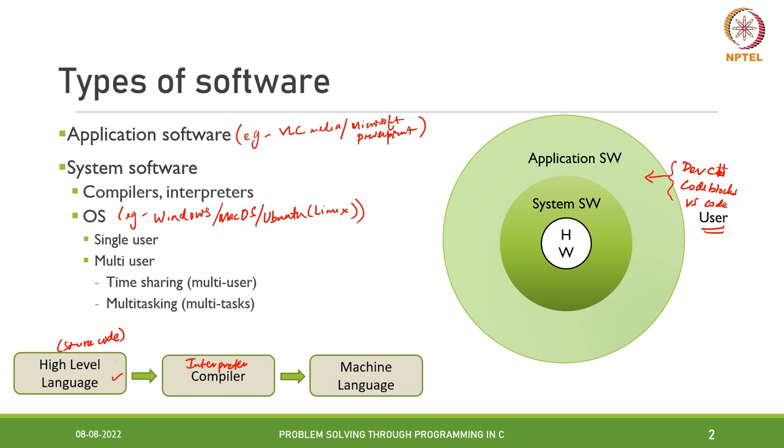For example, the server systems are designed in such a way that multiple users can log into the server, do their work, and log out. So multiple users can access that particular operating system at any point of time. That is basically what it means.